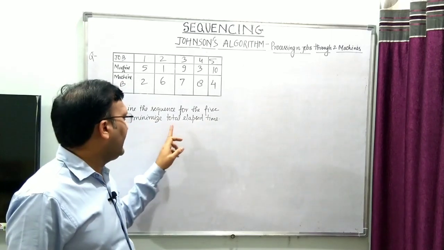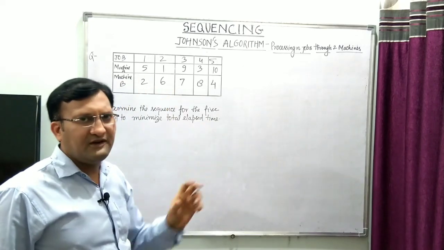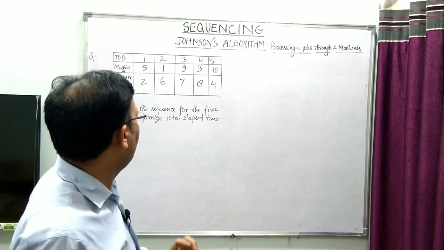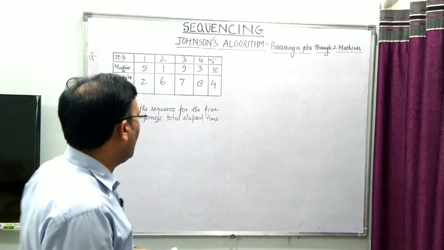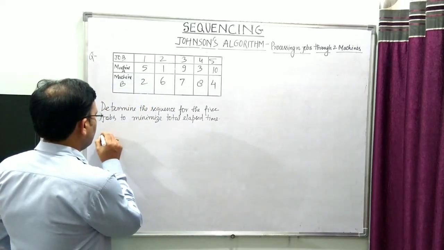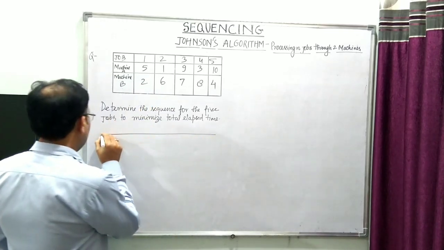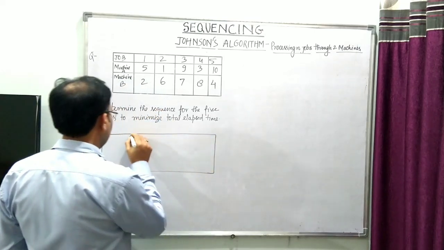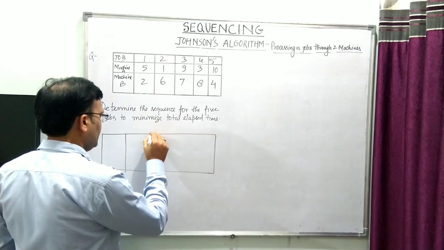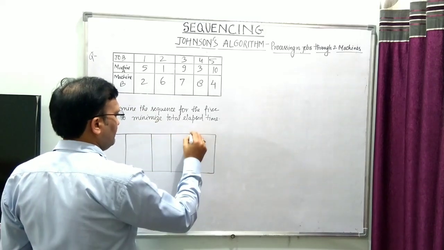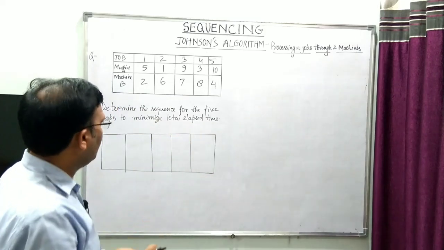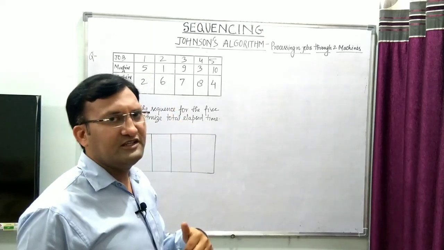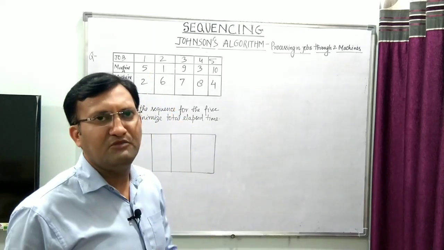That means our aim is to sequence all these 5 jobs in such a manner so that the elapsed time is minimum. So how we are going to do it? Just make 5 columns, 1, 2, 3, 4 and 5. So 5 columns we have made. Now we have to see at what machine for what job there is a minimum time, right?